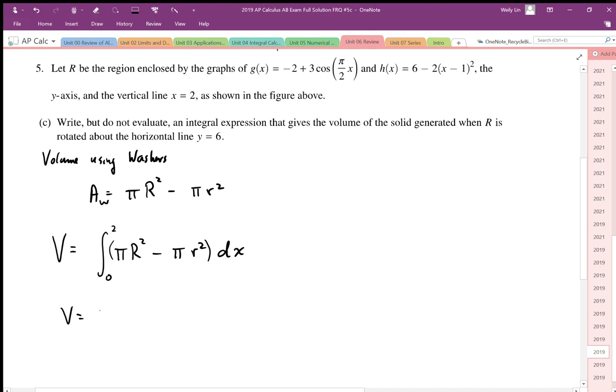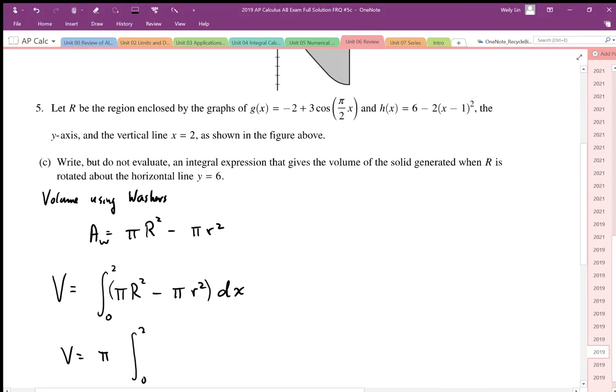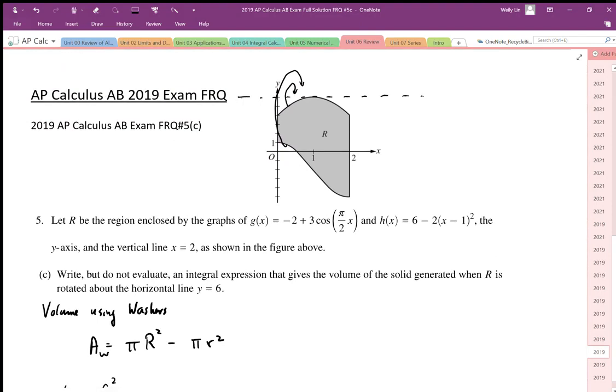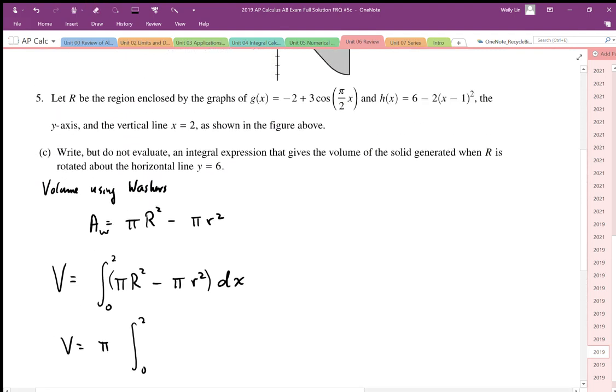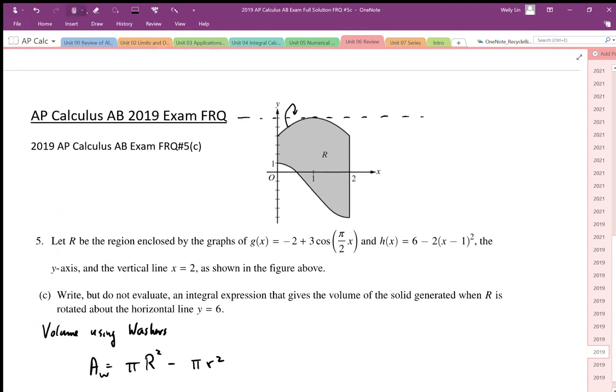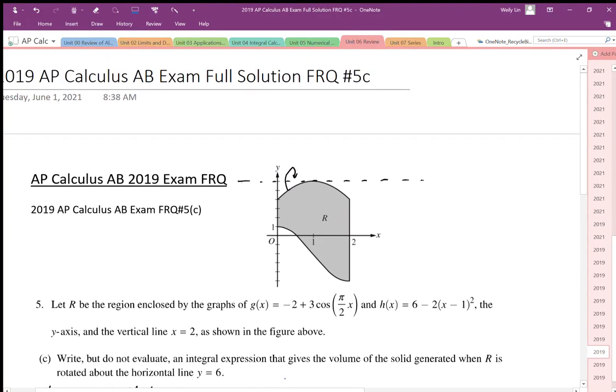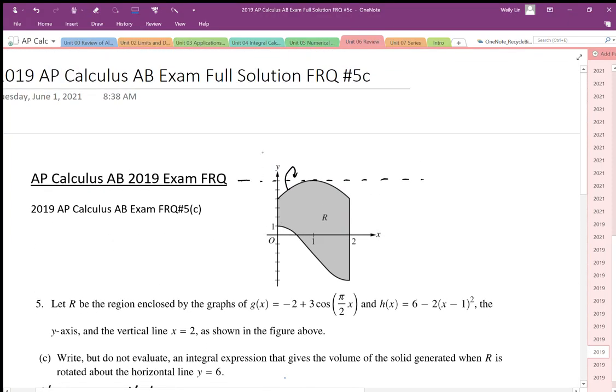We can factor out that pi, and then we can write this function in terms of the radius of the big circle. Okay, so when we think of the radius of the big circle, maybe I'll do this in a different color here. The radius of the big circle, if I rotate this expression, I'm going to get this big circle.